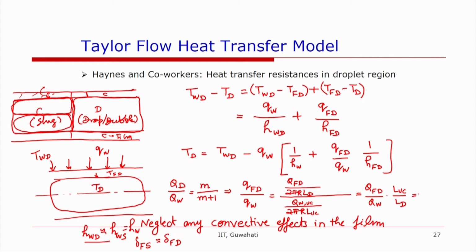and we can substitute QFD over QW as M over M plus 1 LUC over LD, approximating that QFD is about same as QD. Now, why QFD over QD? What is QD? QD is the heat that is being entered in the droplet. Now, the droplet can have heat entering from the film region and the two caps.